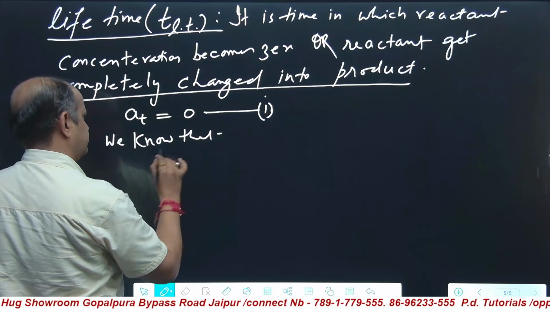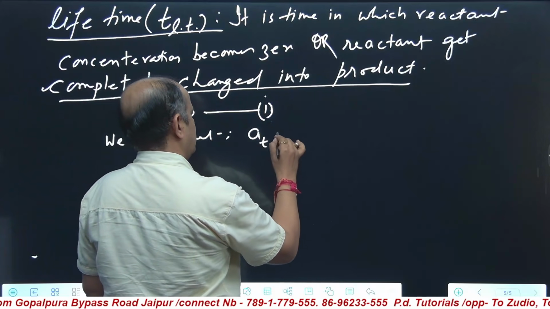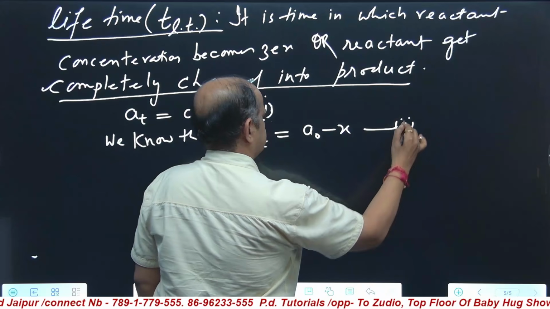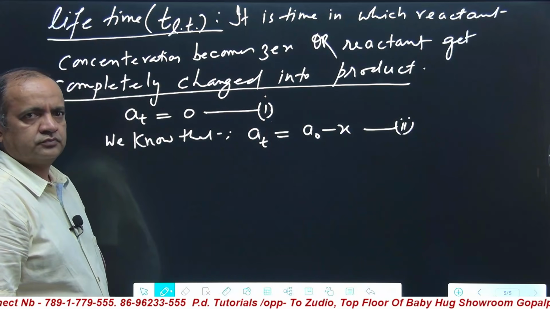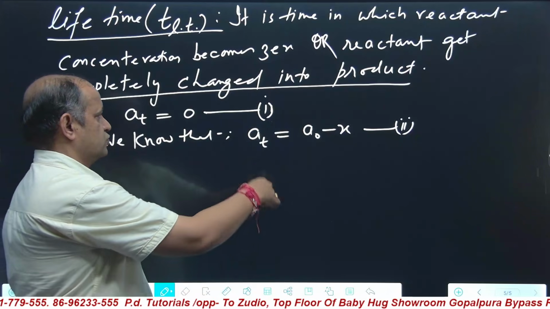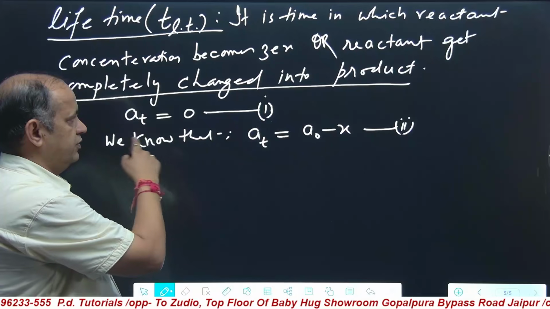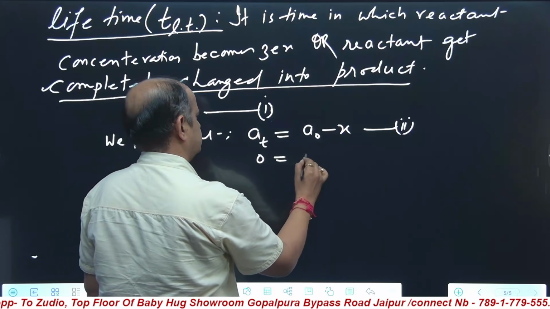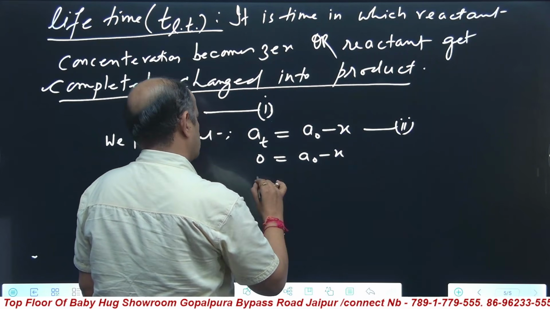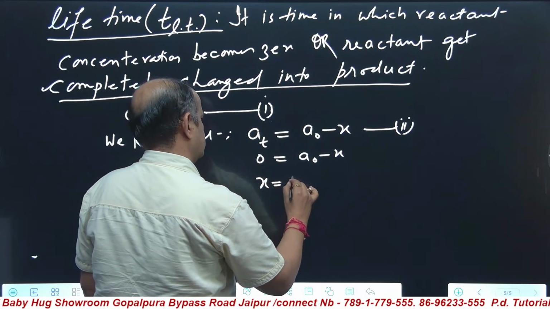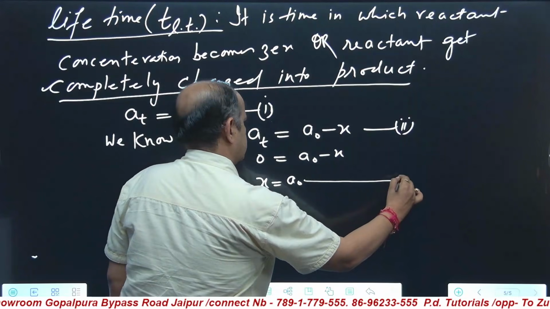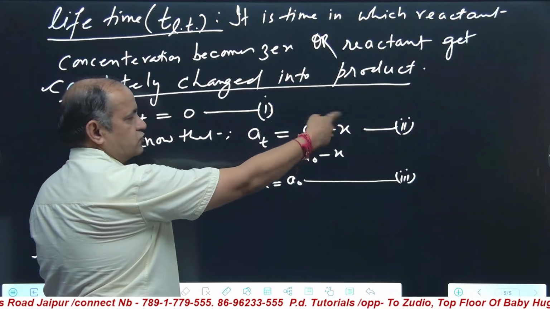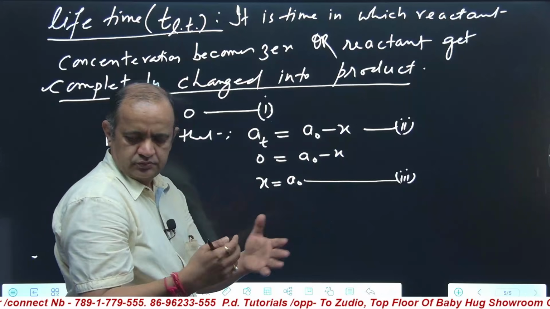We know that At equals A naught minus x. So what can we conclude from here? We are taking At equals 0. So can we say that x equals A naught? It means the amount that decreased equals A naught, so At becomes 0.